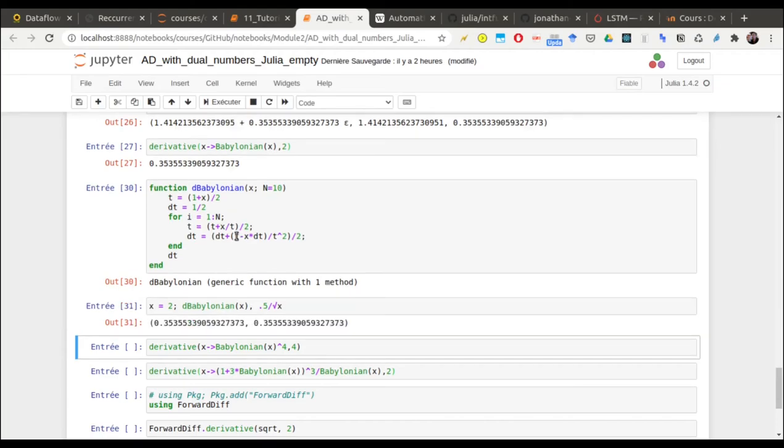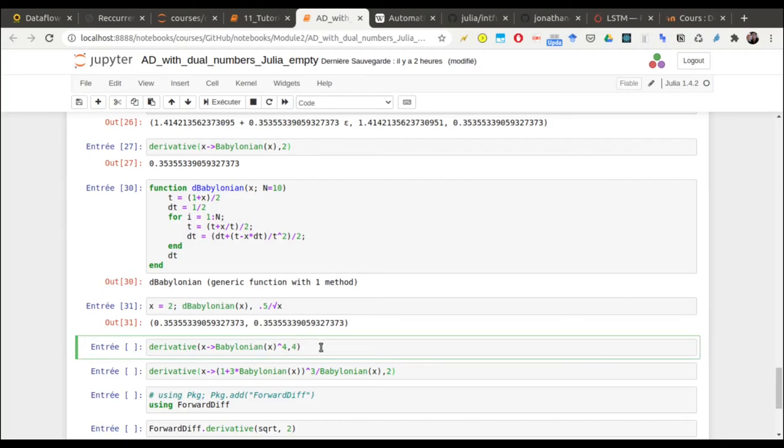So let's see if it's working. Yes. Again, this is for the square root of 2. This is a true derivative, and you see this is the derivative computed by this function, which is just unrolling the computation done by my Babylonian function.